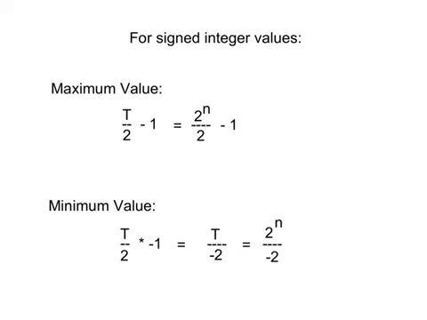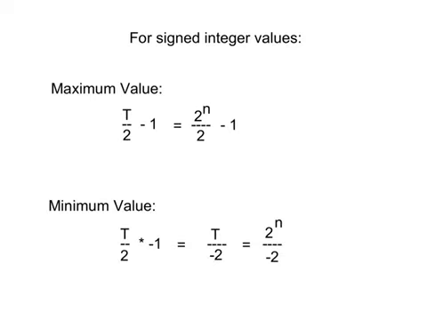For example, if you have 4 bits, then that would be 2 to the power of 4, which is 16. Half of 16 would give us 8, and then 8 minus 1 gives us 7. And so the greatest number that we can store in 4 bits, if it is a signed value for positive numbers, is the number 7.